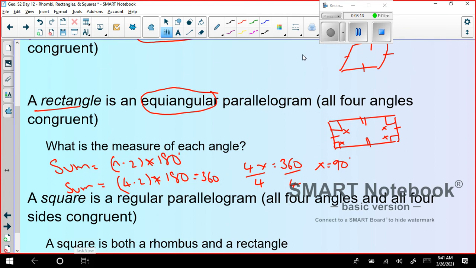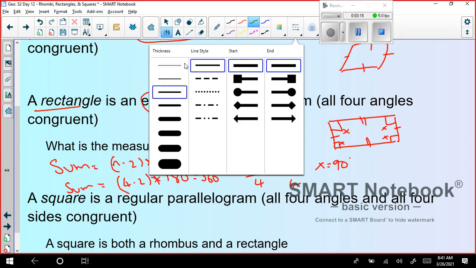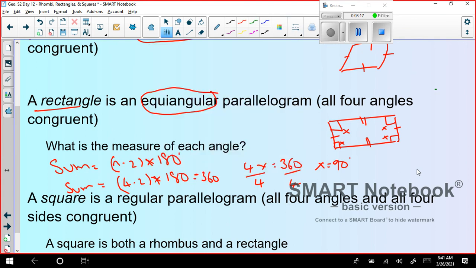I'll draw the square in a different color. It's equilateral and equiangular. All four sides are equal and all four angles are equal. Here also all the angles will measure 90 degrees.